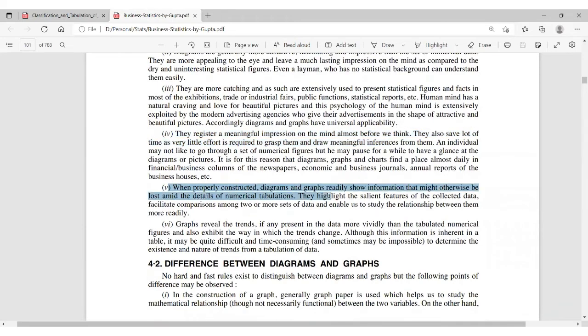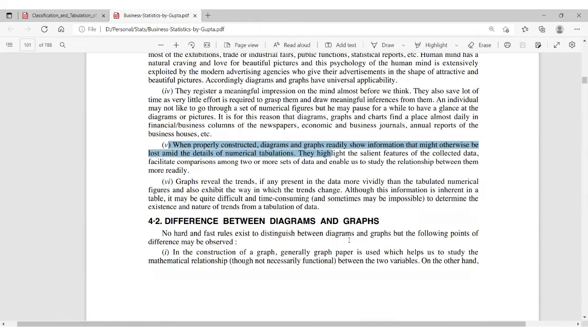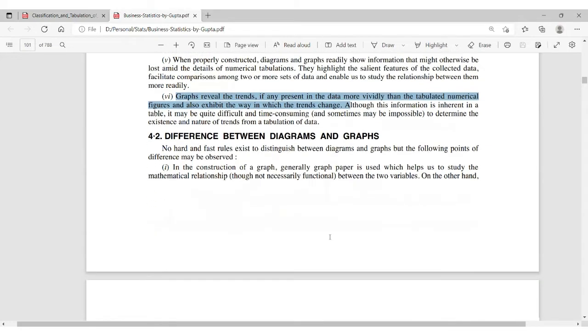When properly constructed, diagrams and graphs readily show information that might otherwise be lost. Graphs reveal trends in the data more vividly than tabulation. The usefulness of the graph lies in the fact that it can be understood very easily even by a common person who does not have any knowledge of statistics. So you can easily interpret the data.